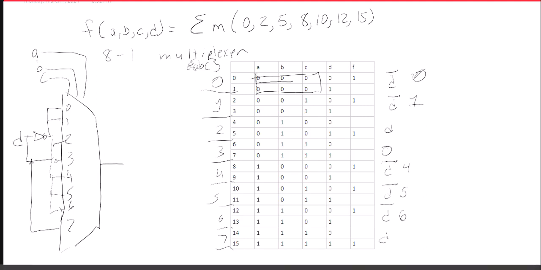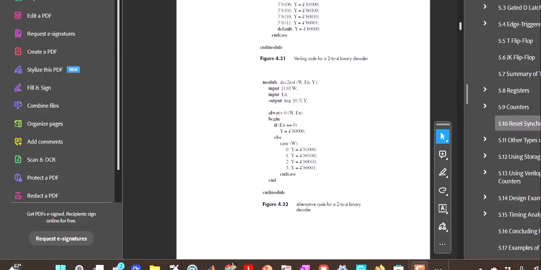Now, how would I do a decoder? What a decoder does is it takes your binary number, maybe a 3-bit binary number, evaluates its value in binary, and then outputs a 1 for the place value that your number evaluates to.